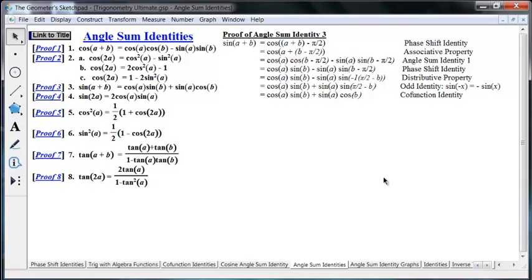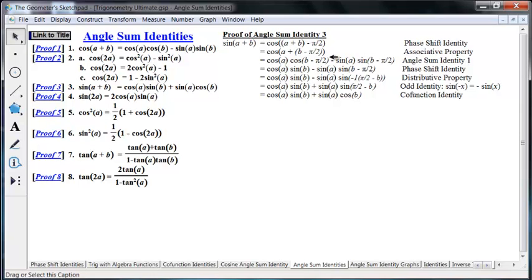We're going to use the associative property and regroup that. So instead of grouping the A plus B together, we're going to group the B minus pi over 2 together for our next part right here. Now, we're going to use the cosine identity number 1, and so that's cosine of the first thing times cosine of the second thing minus sine of the first times sine of the second.